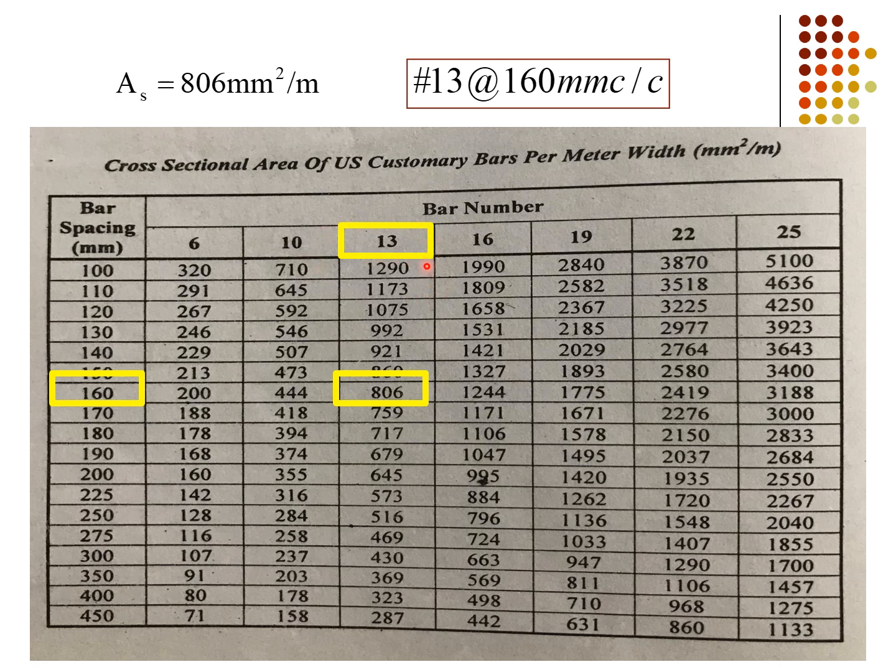Corresponding to number 13, I have to see where my 806 millimeter square is. I have 806 millimeter square here, and corresponding to that I have spacing equal to 160 millimeter. So I can write number 13 at the rate of 160 millimeter center to center, corresponding to area of steel 806 millimeter square per meter.